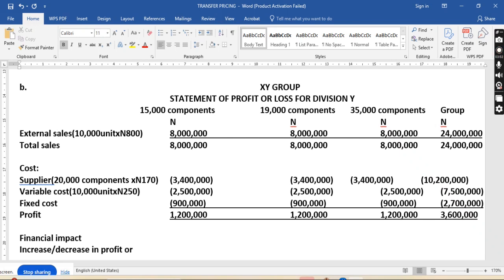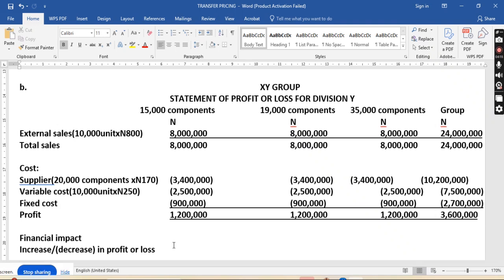If there is an increase in profits, we will not put it in brackets. A decrease in profits, we will definitely put it in brackets. Now, we don't want to transfer internally again.